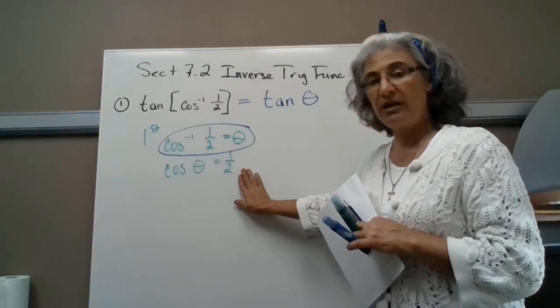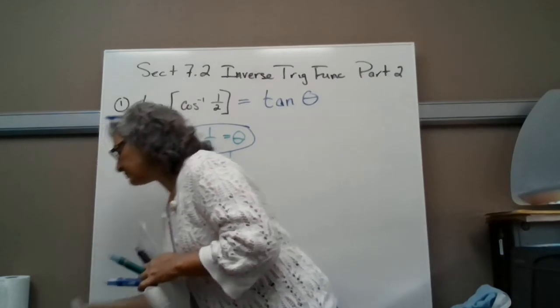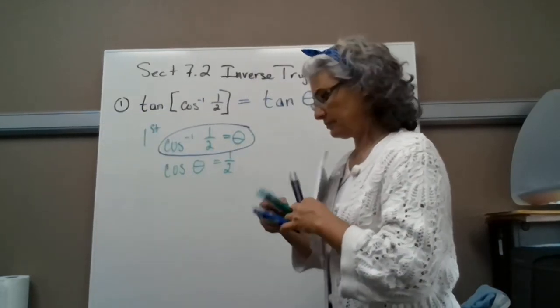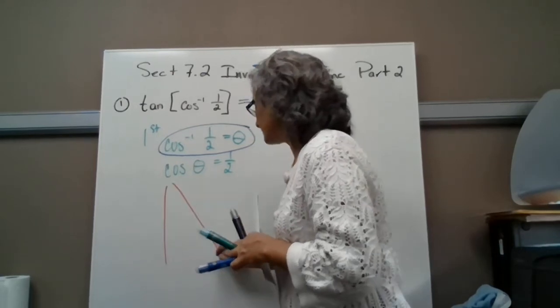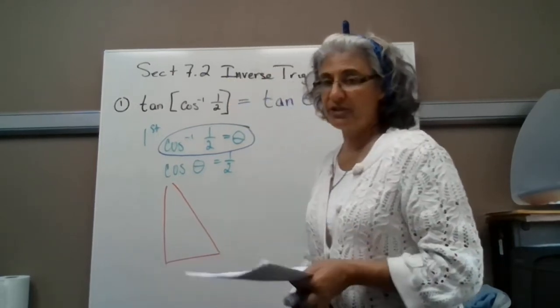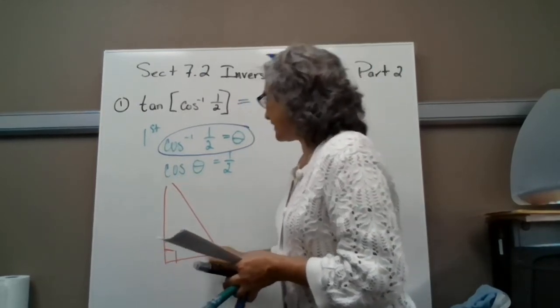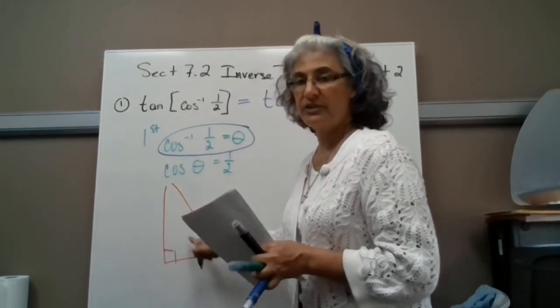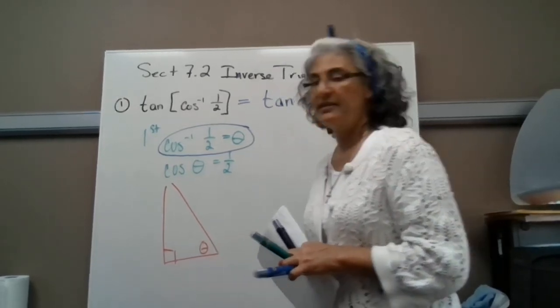I can draw a triangle. And it needs to be a right triangle because cosine only works on a right triangle. I can put theta anywhere I want on this triangle. It doesn't really matter. Me personally, I always stick theta down here.